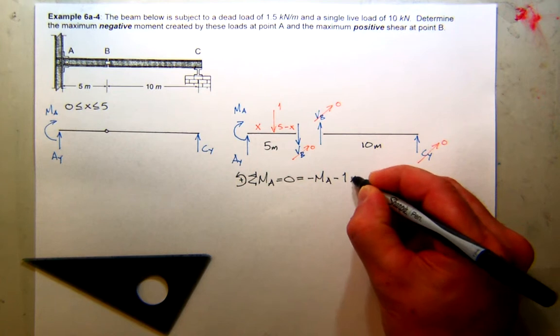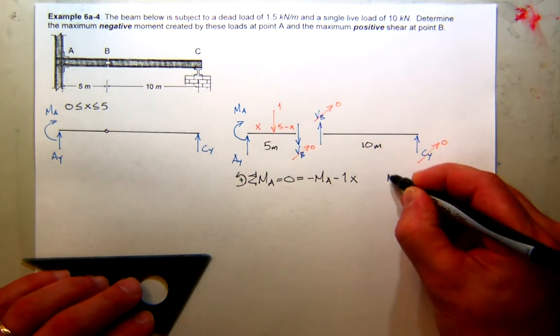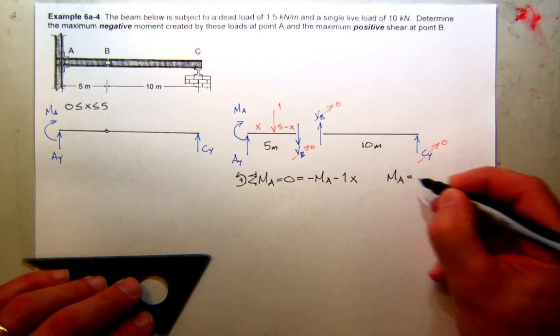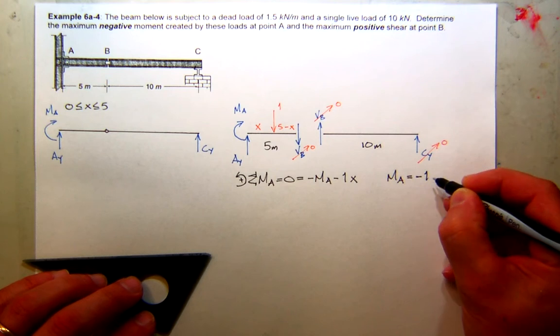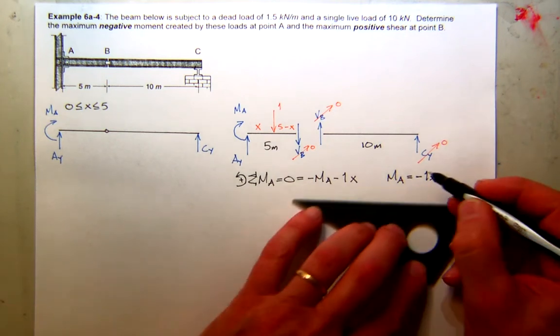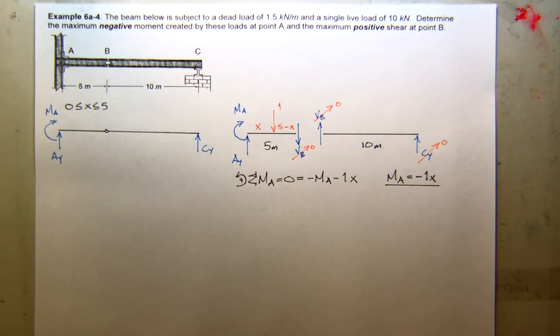Force is 1, distance is x, and of course we just know that shear is 0. So what's the moment at A equal to? Looks like it's negative. Oops, I wrote 1. It should be negative x, right? Are you buying that? I hope you are, because it's right.